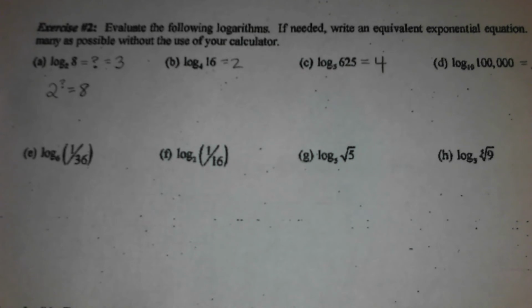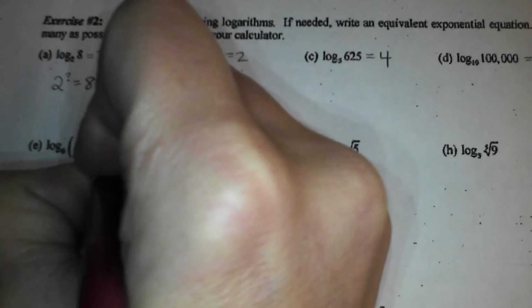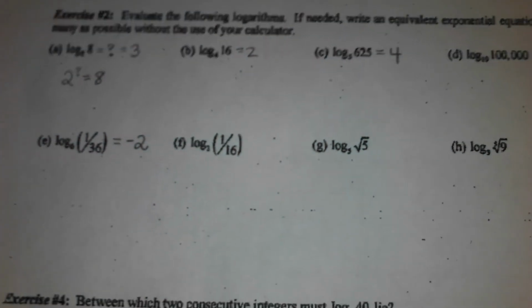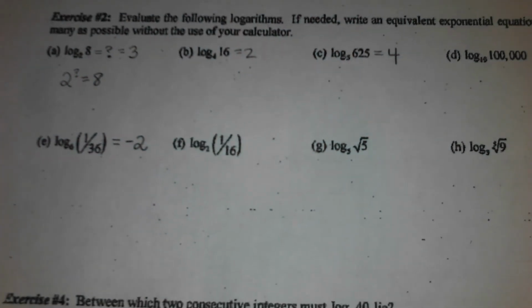Oh, I know you guys love fractions. 6 to what power gives you 1 over 36? I'm going to let Owen answer this. -2, right. 6 to the negative second power gives you 1 over 36. So log base 6 of 1 over 36 equals -2. 2 to what power gives me 1/16?